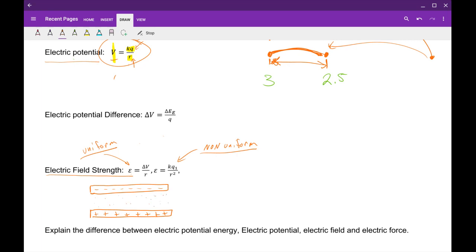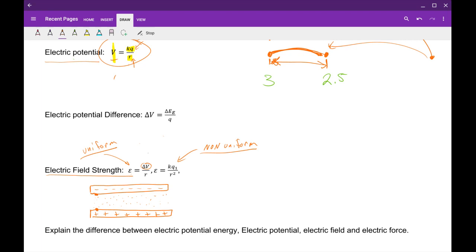I'm making the little dots. This is now all uniform. The field strength is the same in there. Well, how do I determine the field strength? It depends on the potential difference between the 2 spaces here. So it's the potential difference between me moving from here to here.